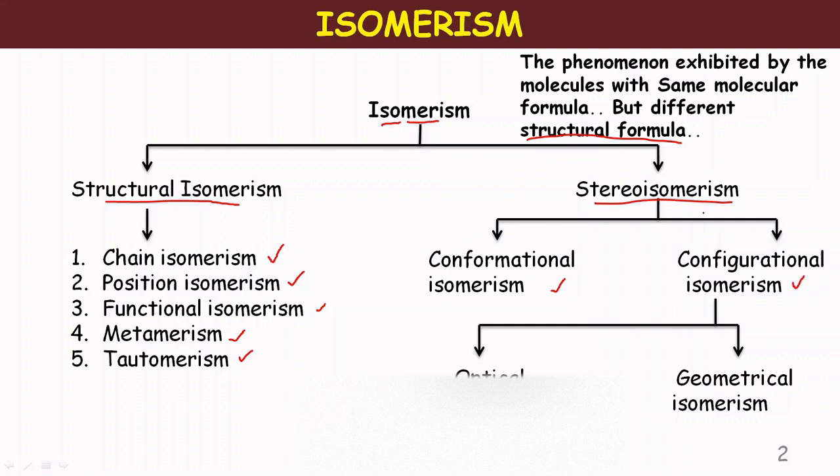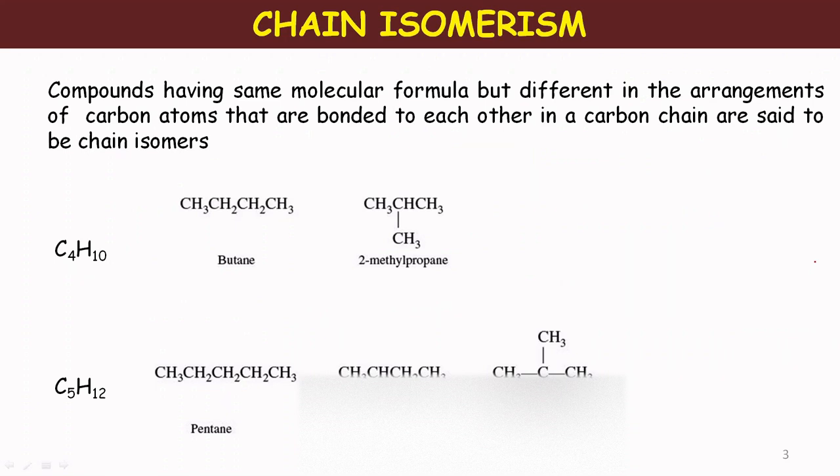Stereoisomers are isomers which have the same molecular formula but a different arrangement of atoms in space. So they are classified into two types, conformational isomerism and configurational isomerism. Let us see about them in detail later. First we will concentrate on structural isomerism.